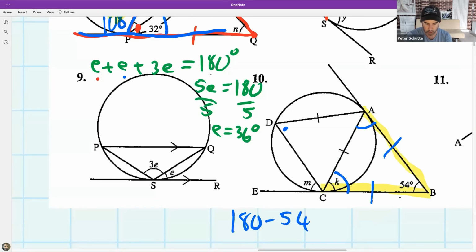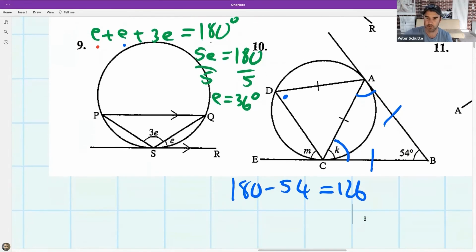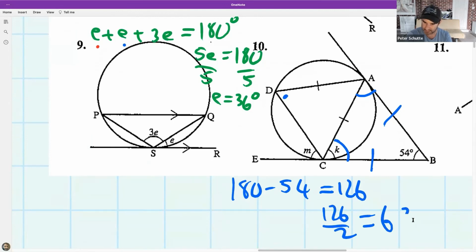So I'm going to remove the 54 and see what I get. I get 126. But that 126 needs to be shared between two angles. So I'm going to divide 126 by 2, and I get 63. So K is 63, and that is 63.